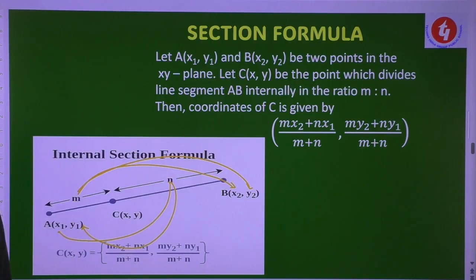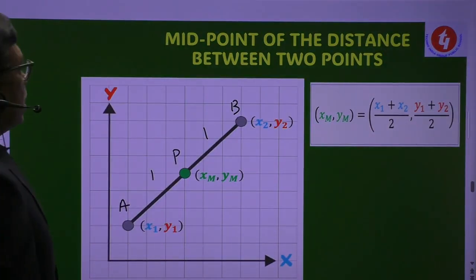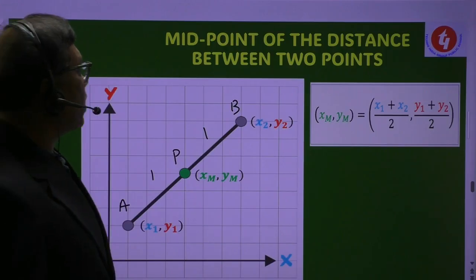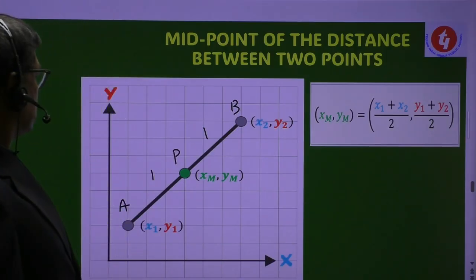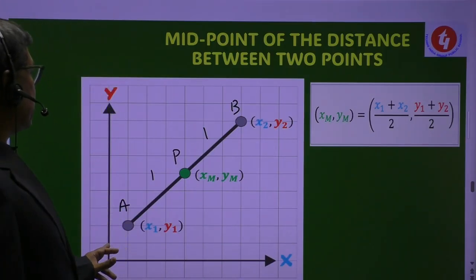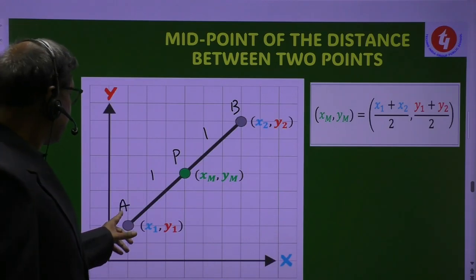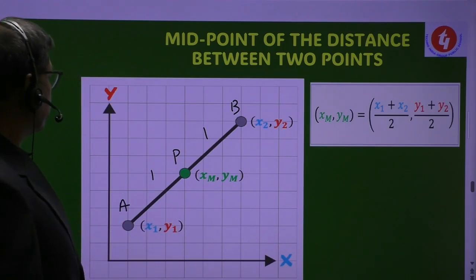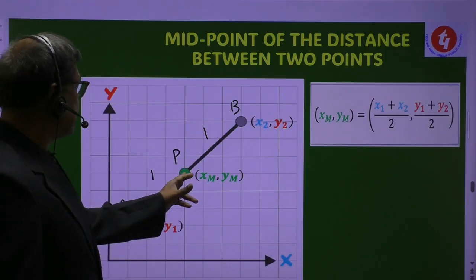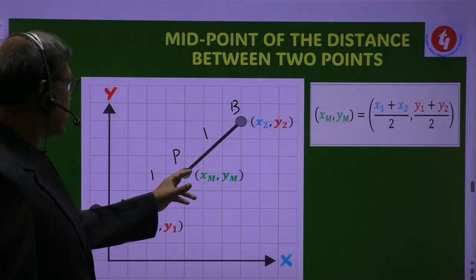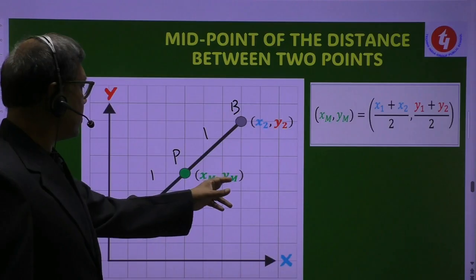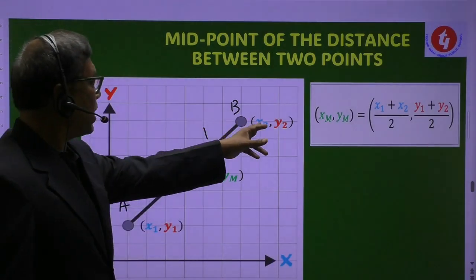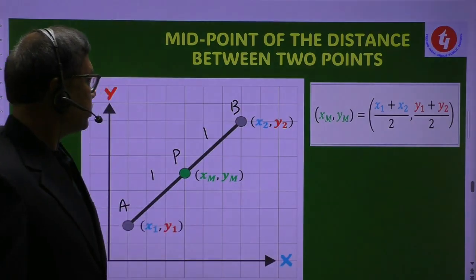Now I'll show the midpoint formula, midpoint of the distance between 2 points. Here A is a point whose coordinates are x1, y1, and P is a point on AB whose coordinates are xm, ym, and B is a point x2, y2.